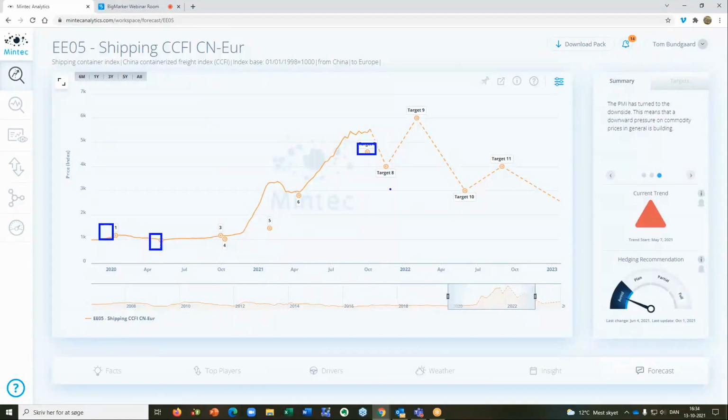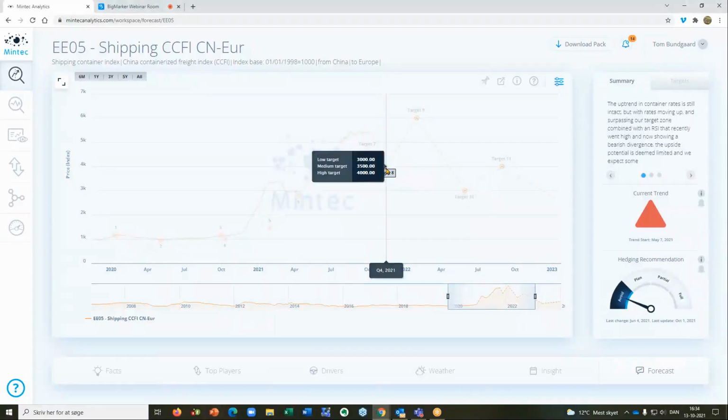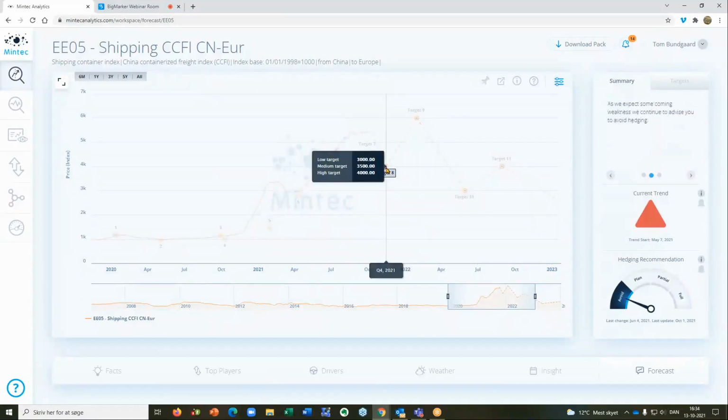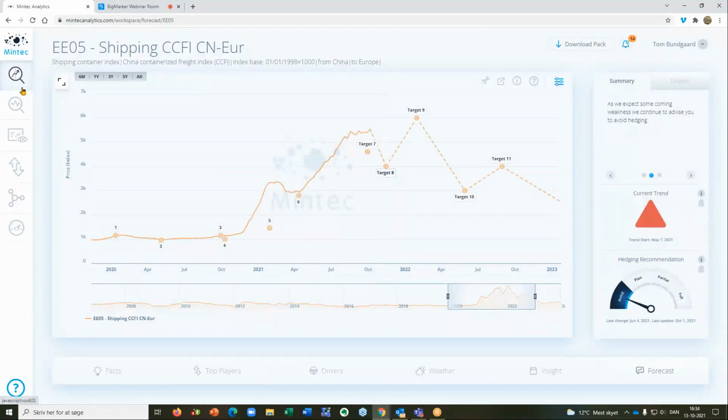So in container rates, we expect a slight decline, only slight, here in Q4, just like a little pause. And then we expect a further increase into Q1. So a short hedge will be needed once we get to Q4. Everything else in this works the same way.